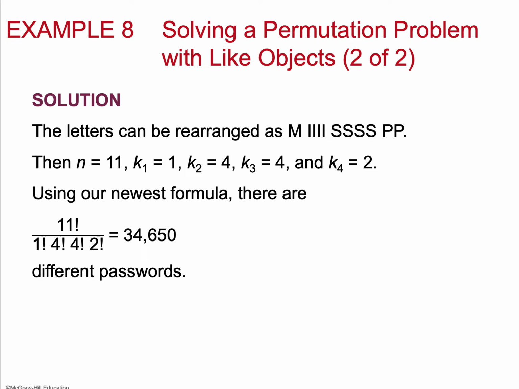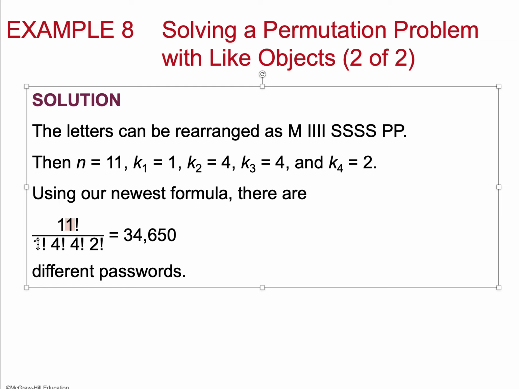I have 1 M, 4 I's, 4 S's, and 2 P's. So utilizing that new formula, I have 11 slots in Mississippi, and then I'm going to divide by 1, 4, 4, and 2, which is coming from this section, and that's the number of unique passwords that I can get.